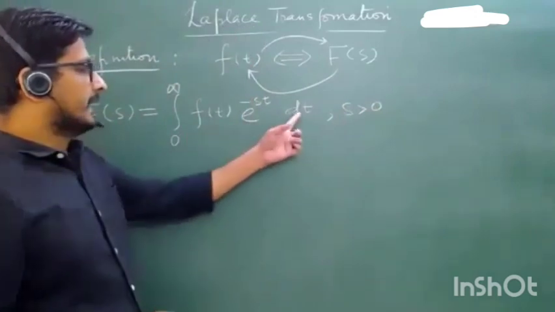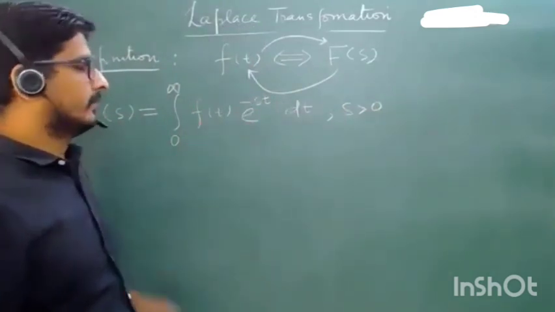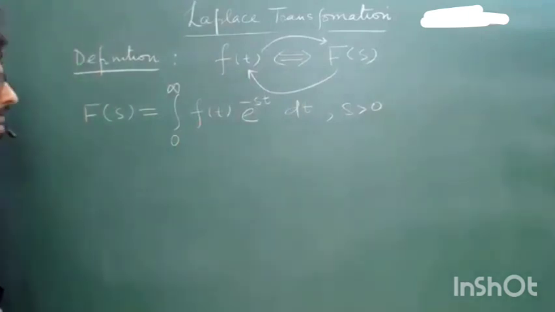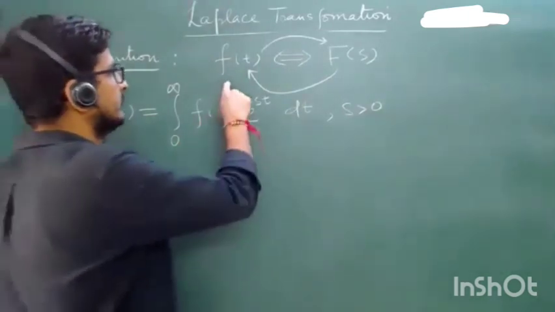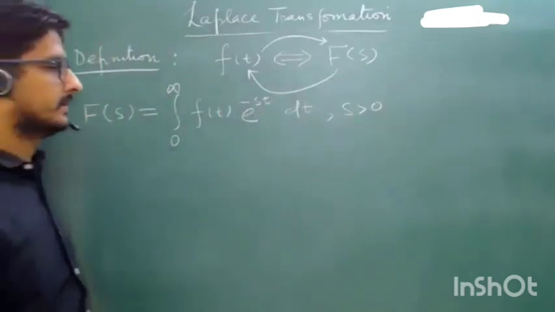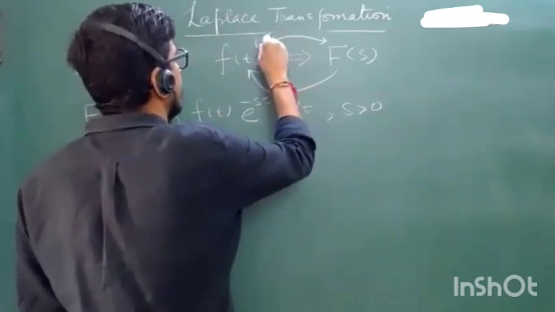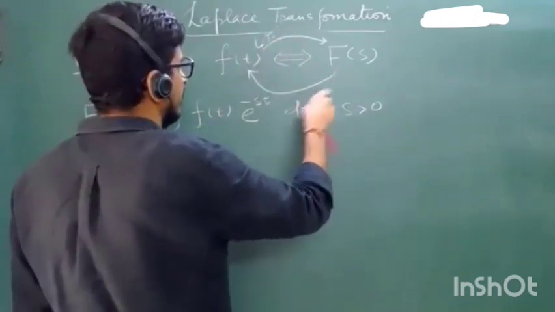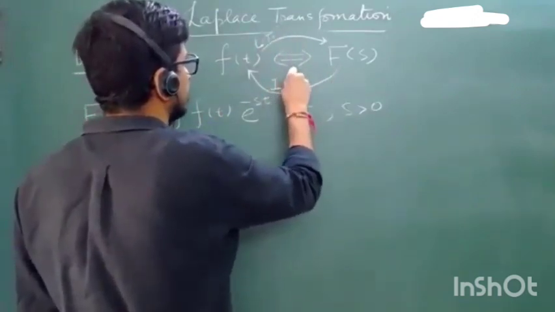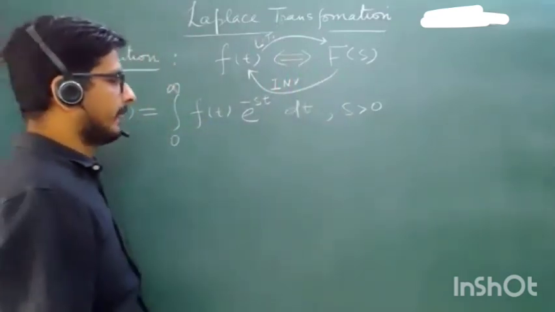So you can see that limits will be put in t. So finally t will be gone. What will remain will be the function of s. So that's why these two form the Laplace transformation pairs. Laplace transformation of f(t) will become F(s), and inverse Laplace transformation of F(s) will become f(t).